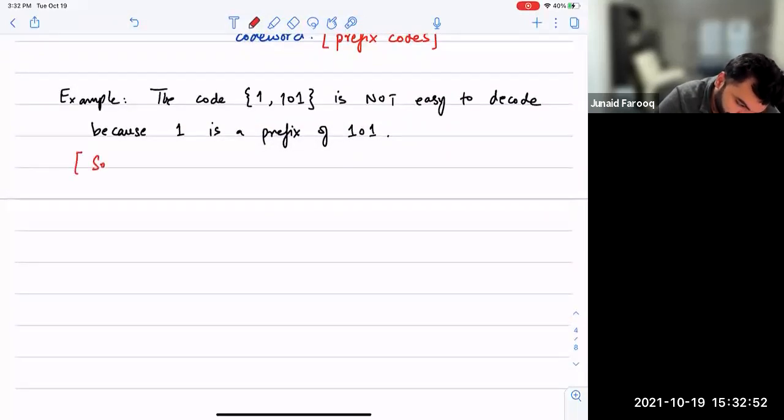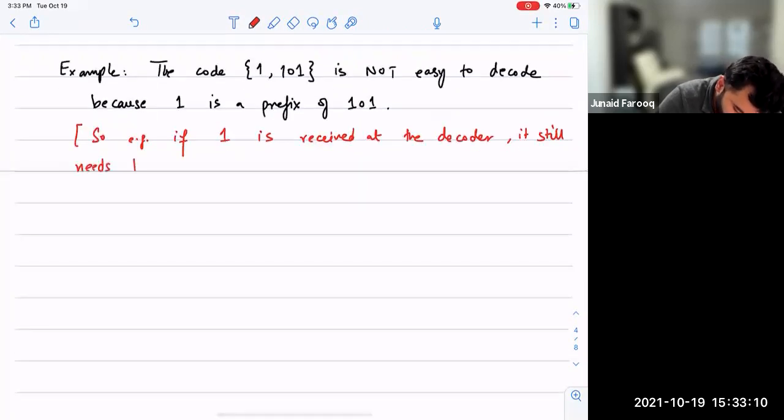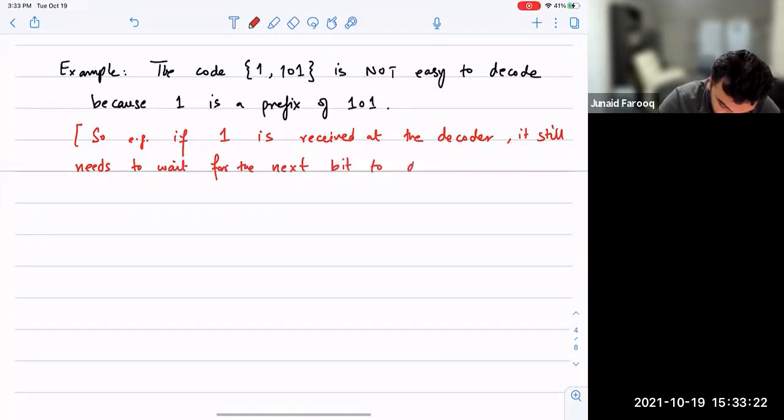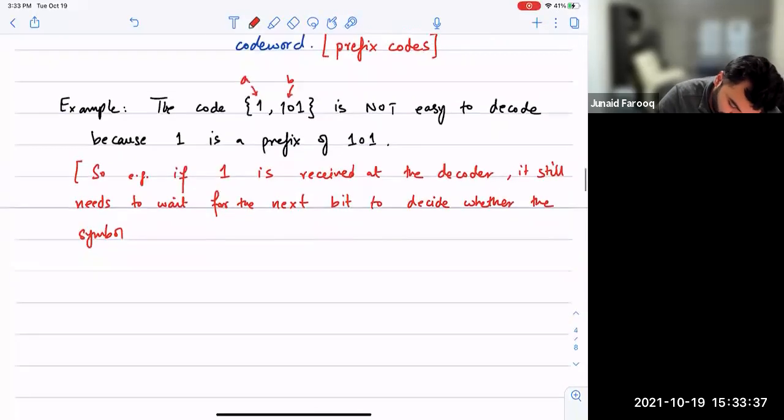So for example, if 1 is received at the decoder, it still needs to wait for the next bit to decide whether the symbol A or B has been sent.